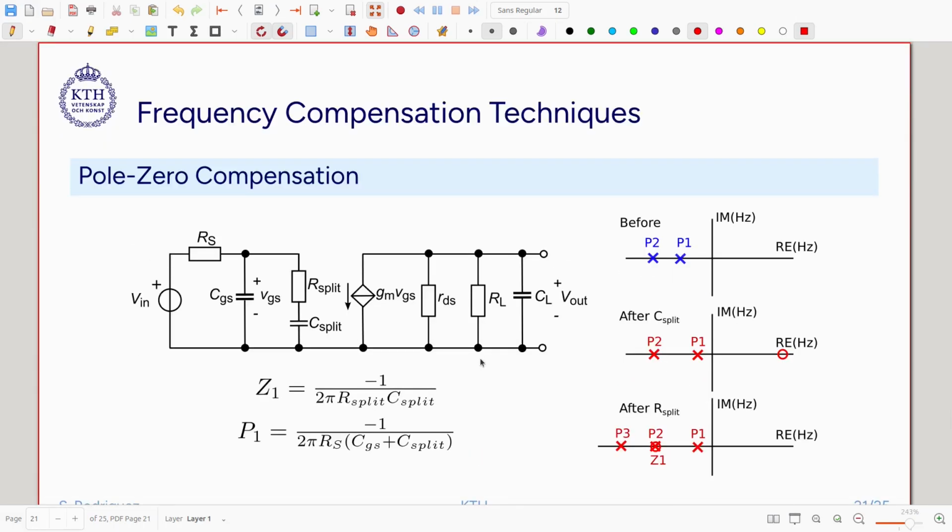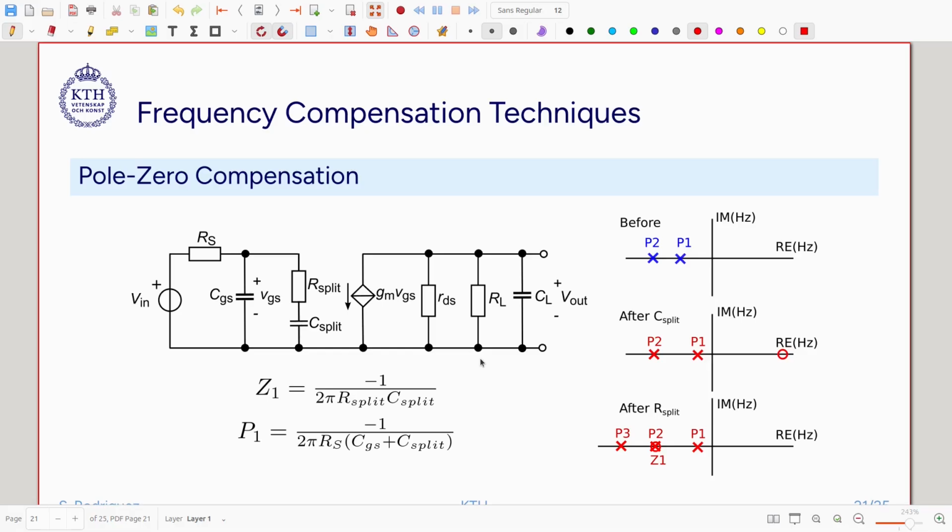The next compensation technique that we are going to study is pole zero compensation. This technique is kind of similar to the Miller compensation that we saw before, but instead of connecting the capacitor and the resistance between the gate and drain of the transistor, we just put this series connection between the gate and ground, so we don't add this interaction between the input and the output.